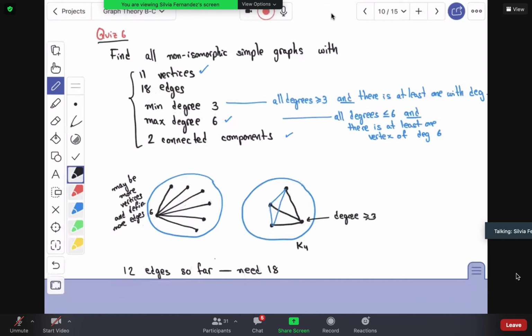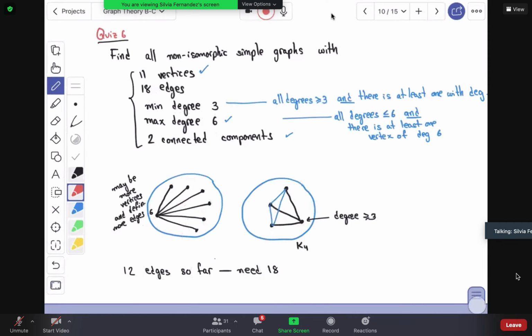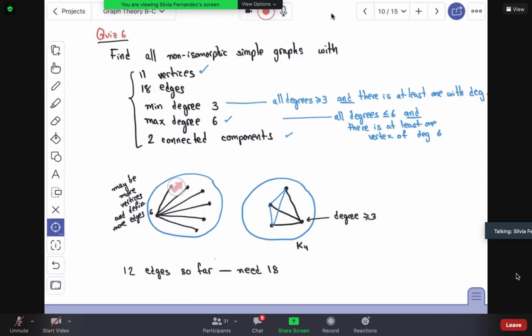So we're missing 6. And the only vertices that we can use are these vertices. All of them have degree 1 so far, but they need to have degree 3. So each vertex is missing 2 edges, right? So if I were to draw the remaining 6 edges red, I need to use only these 6 vertices, and the red graph needs to have all of them degree 2, because I'm missing 2 for each.